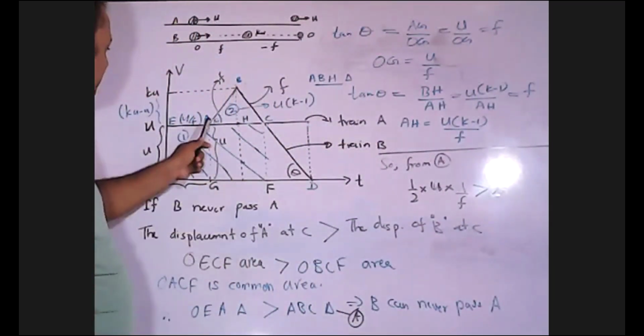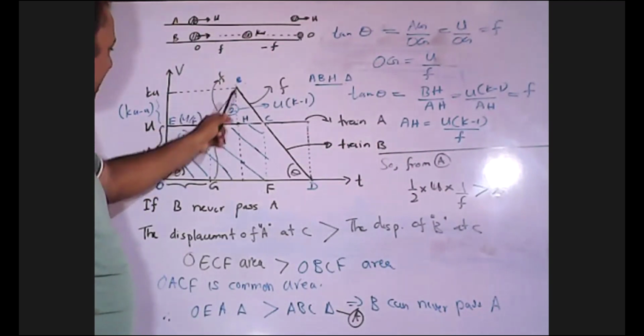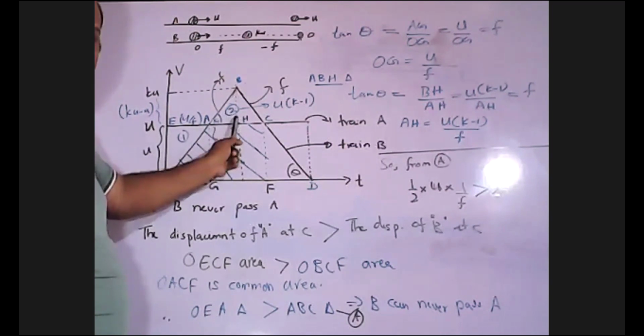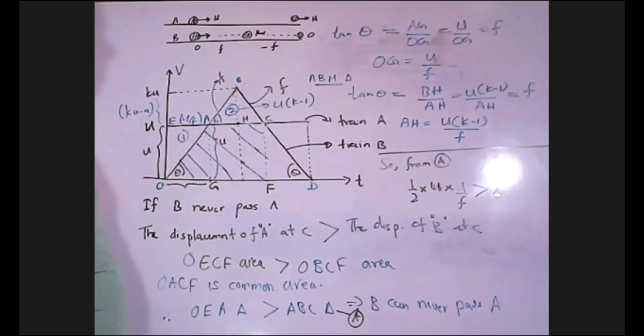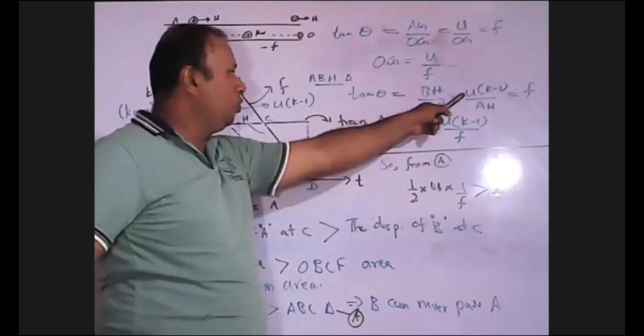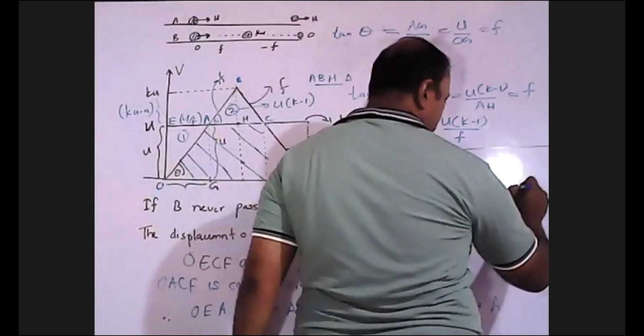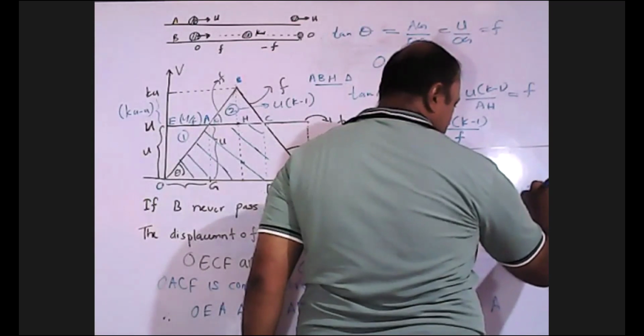ABH means half BH into AH. BH is U times K minus 1.